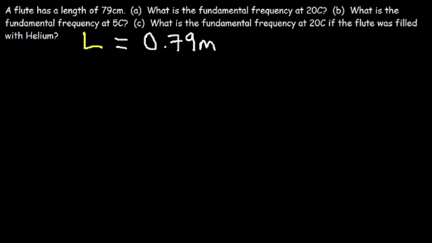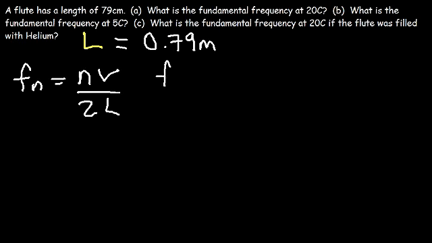So a flute, is it considered to be an open tube or a closed tube? For the most part, a flute is an open tube. So the equation that we want to use is this one. It's nV divided by 2L. So we're looking for the fundamental frequency. n is 1.